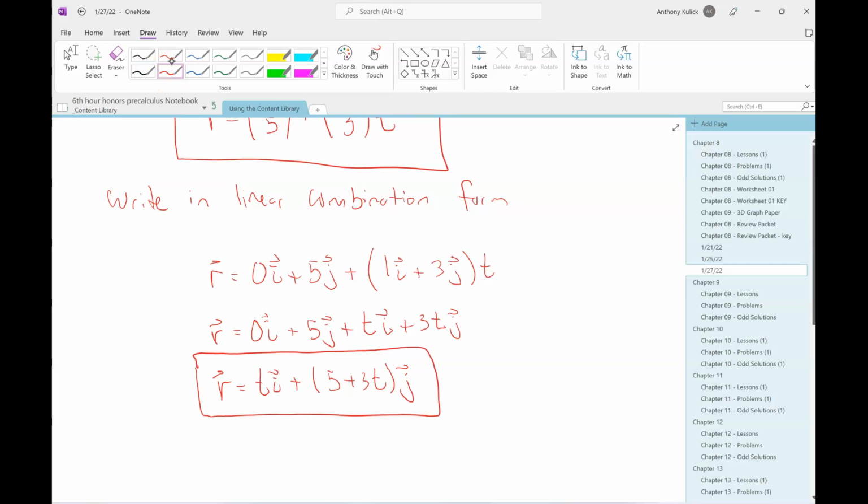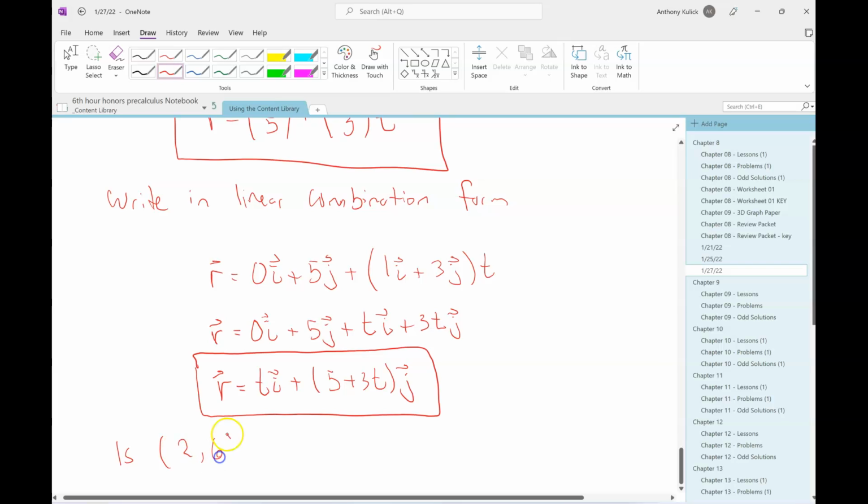And now that I have a vector line equation, I could ask, is, say, the point 2, 6 on that vector line equation that we just wrote?